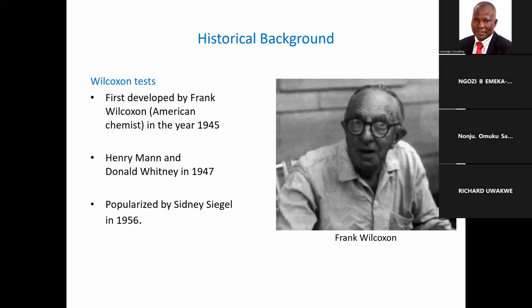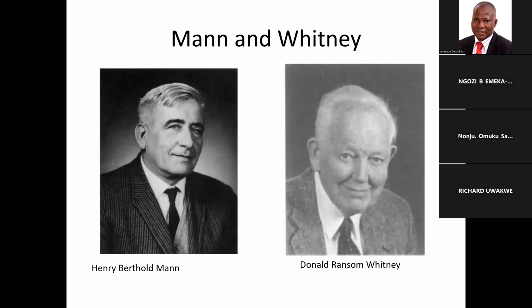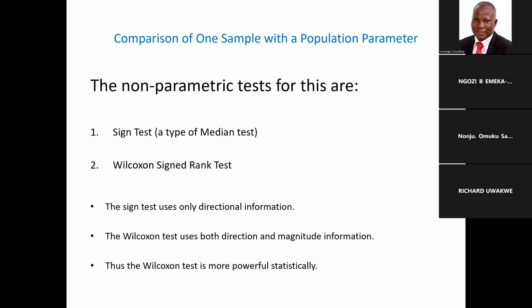Is this the man that first developed it, the one you are seeing in the picture? Then the other one, Henry Mann and Ransom Whitney, worked on it to improve it. You will see when we start discussing them how the improvement came about.